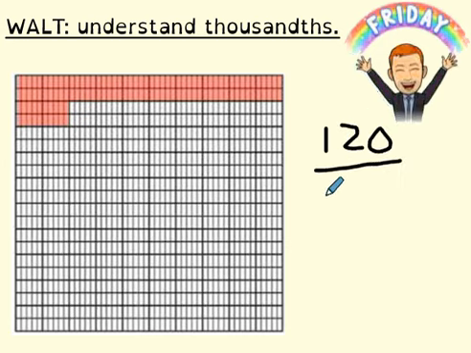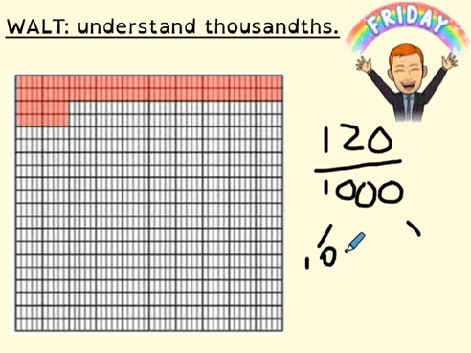120 over 1,000. I could partition 120 thousandths into two separate fractions. I could split it into 100 thousandths, which is what I've got here in my full entire row.